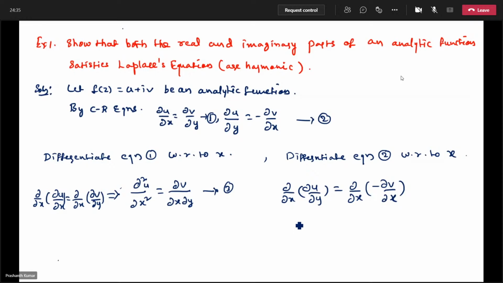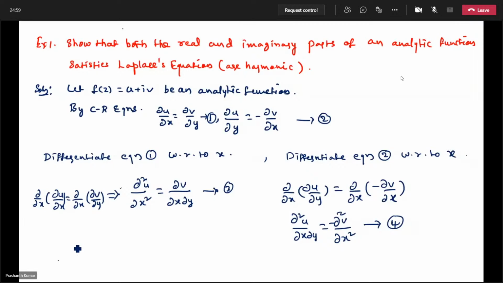So this is dou square u by dou x dou y is equal to minus dou square v by dou x square. This is equation number 4.